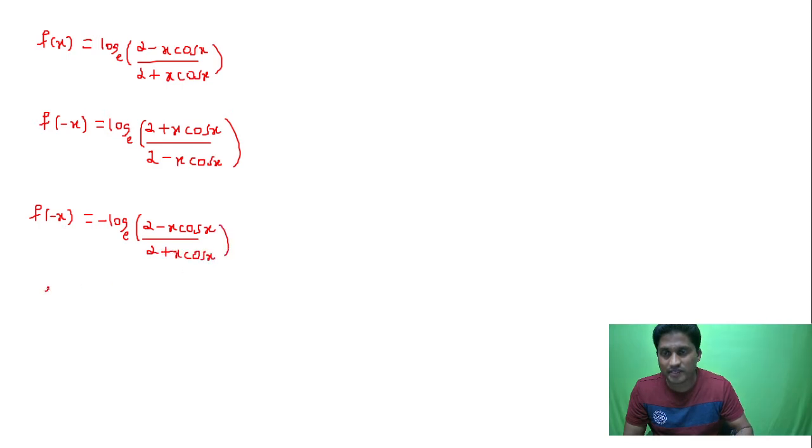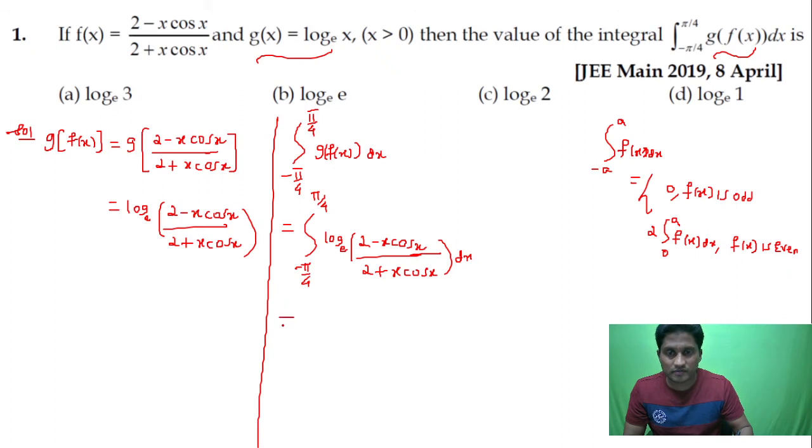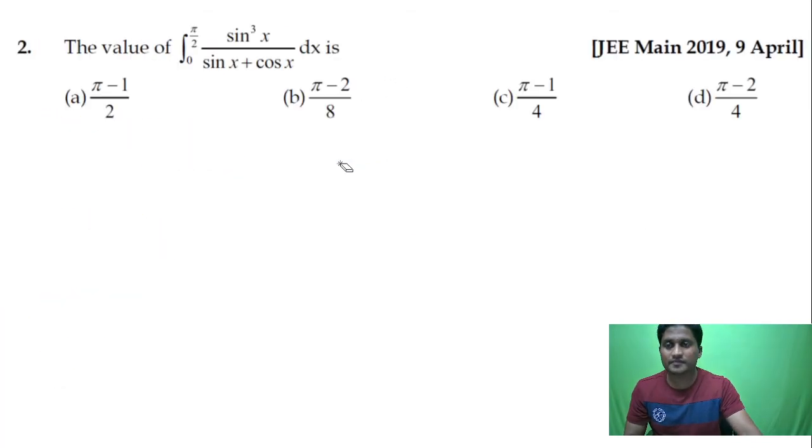So you get f of minus x is equal to minus f of x. This means that f of x is odd, right? So this will be equal to 0. That's the answer, guys. The answer is 0, which is the same as log 1 to the base e. Answer is option D. Okay, let's move to the next question.